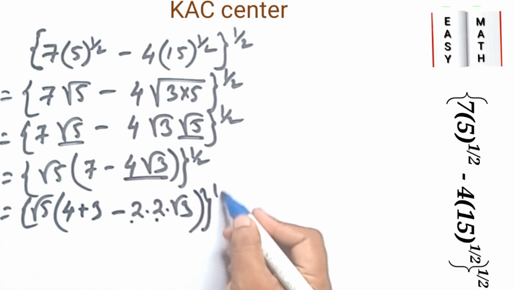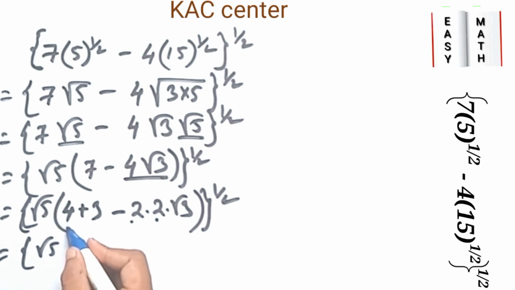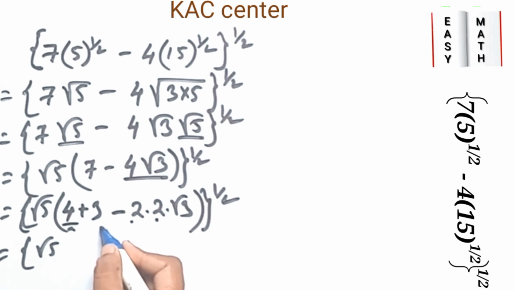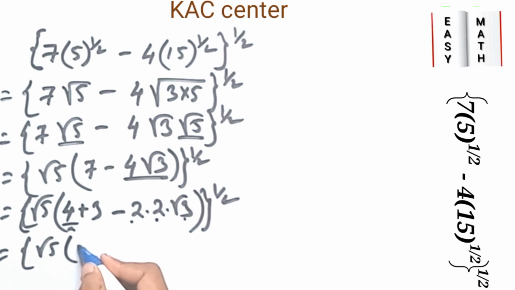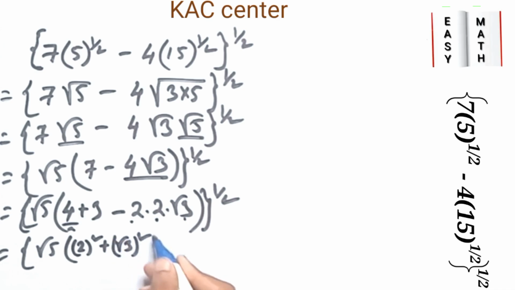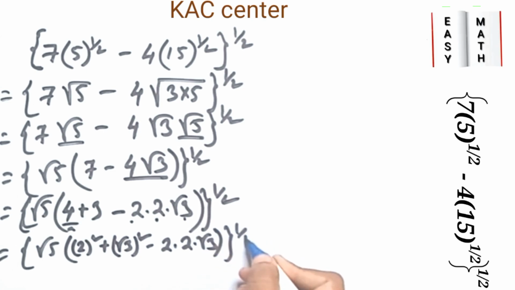So there is the half, and now there is the root 5, and there is the a square, and this is the b square, and this is the a, this is the b. So we can write this is the 2 square, and this is the root 3 square, and this is the 2 root 3.